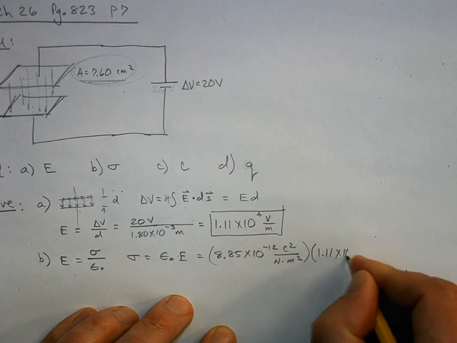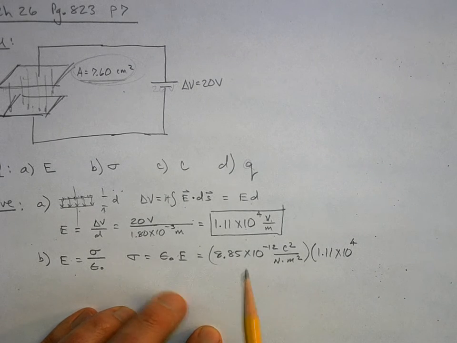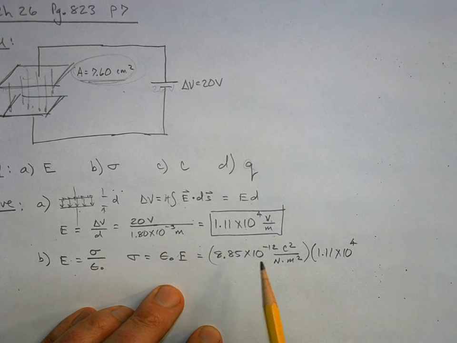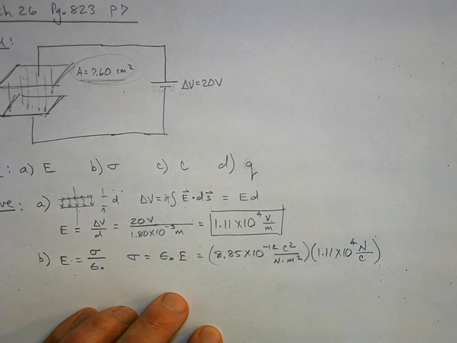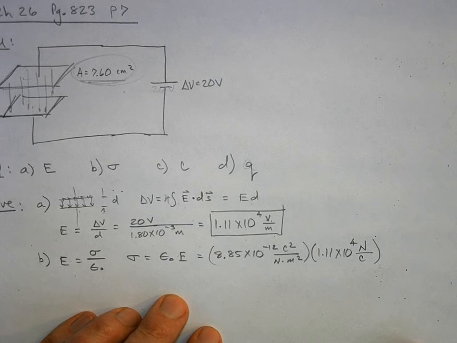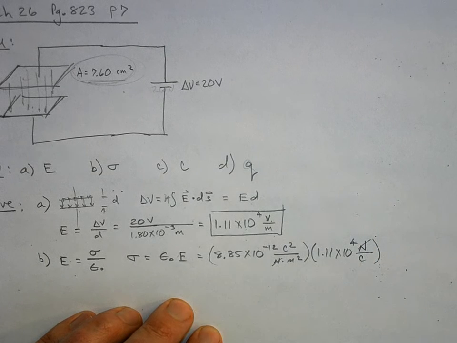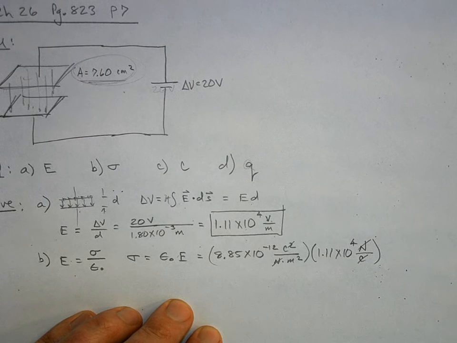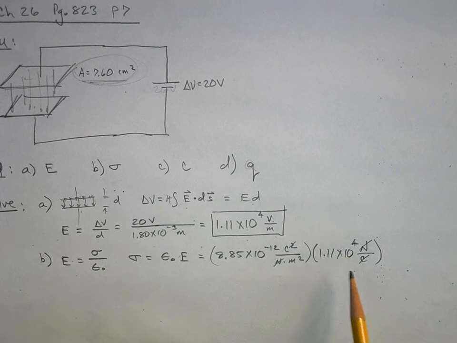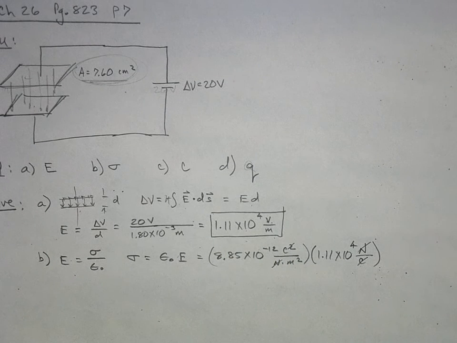Now I'm going to go from volts per meter to newtons per coulomb because it just cancels out better. A newton cancels the newton, a coulomb cancels the coulomb squared, and look what I get unit-wise: coulombs per square meter. The units work. It must be right if the units work.